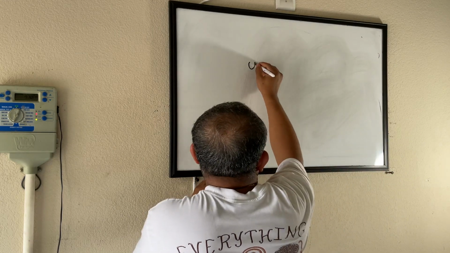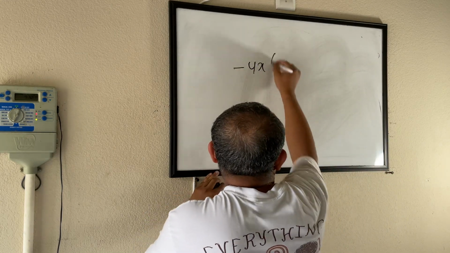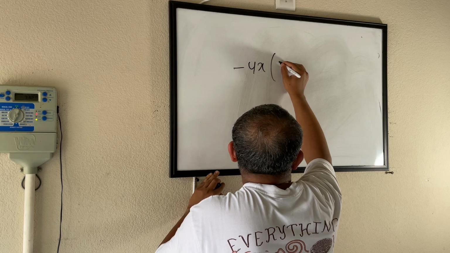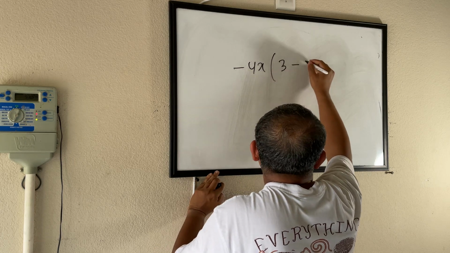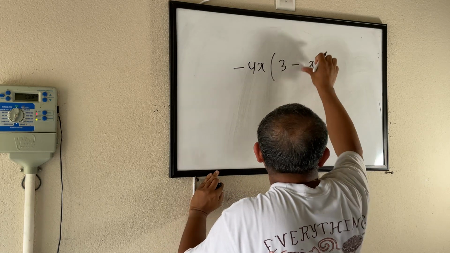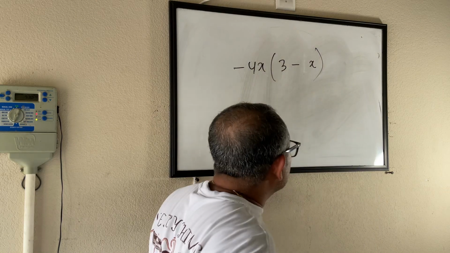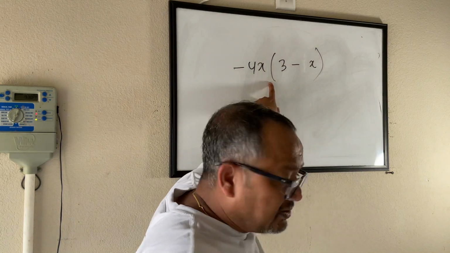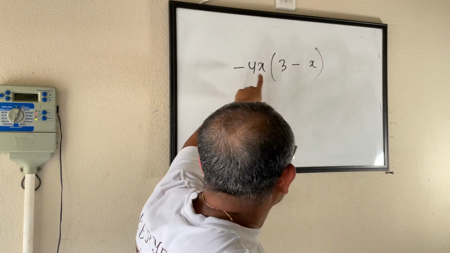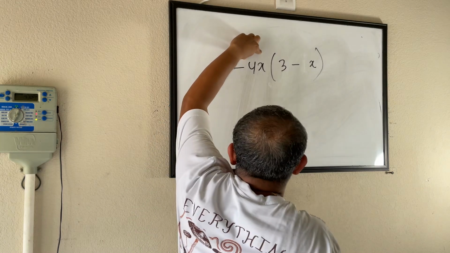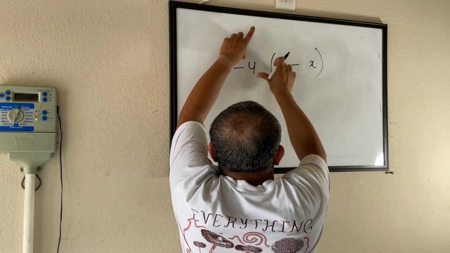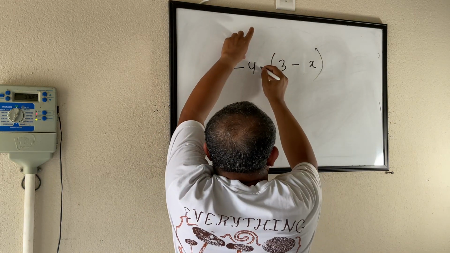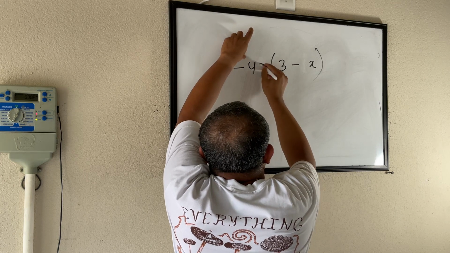If somebody says 4x minus, 4x multiplied by 3 minus 1x, or x, if somebody says this, you have to break open the bracket. Let's put x, that's okay.